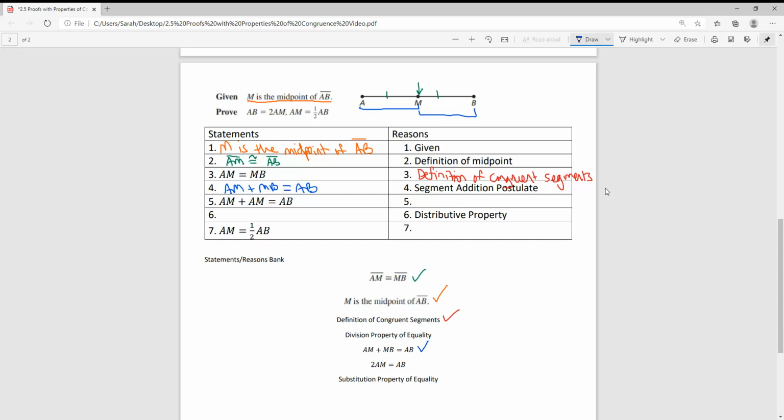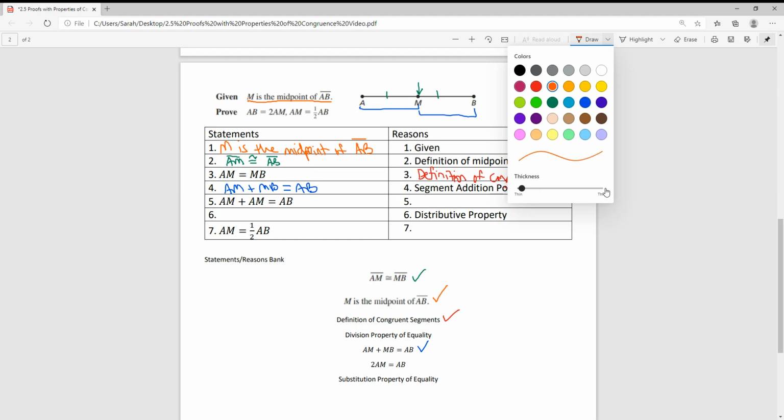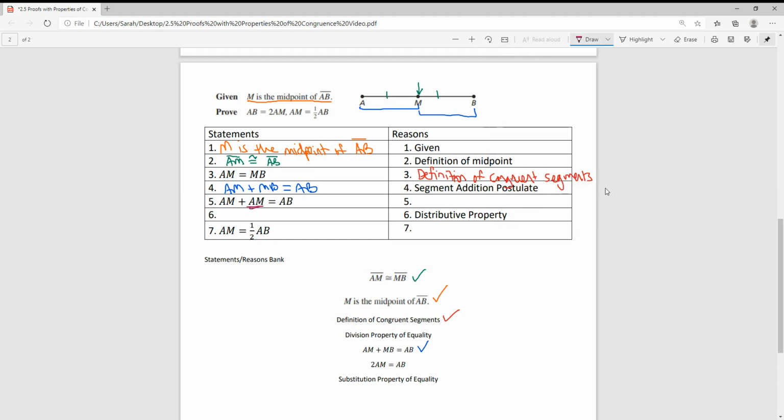We have substituted or replaced this MB with an AM. And we are able to substitute that because of what we see in step 3. Since we are substituting one thing for another, we used our substitution property of equality. We use that substitution to say that AM plus AM equals AB instead of AM plus MB equals AB.